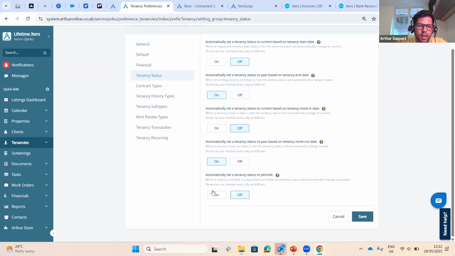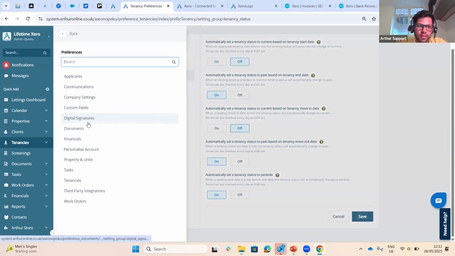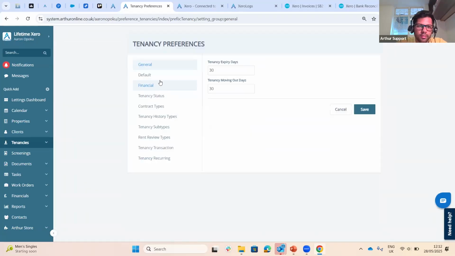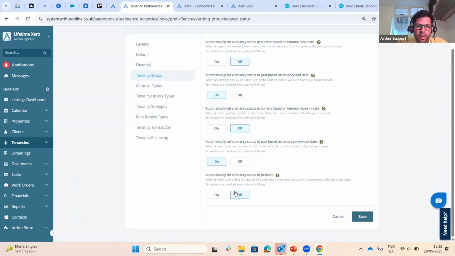So if someone has a 6 month contract and then moves on to a rolling contract, when their 6 months is completed, Arthur will automatically change that tenancy status from current to periodic, and it'll move them on to a rolling contract. So that's found in preferences, tenancies, and then tenancy status.